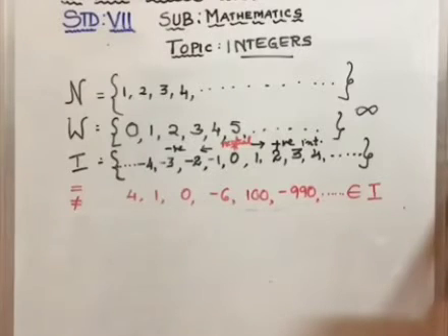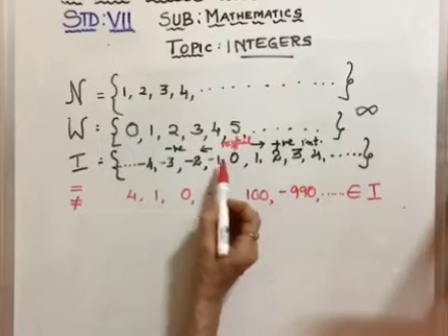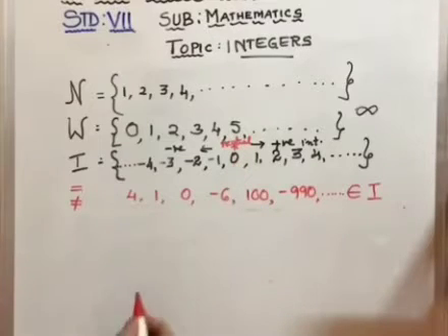Whereas, look at 0 and 1, or 1 and 2, or 0 and negative 1. Between these integers, we have what are they?